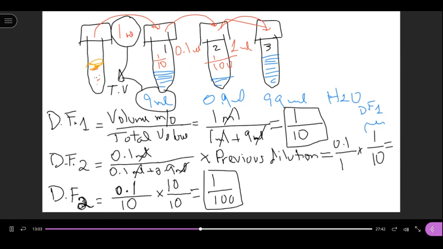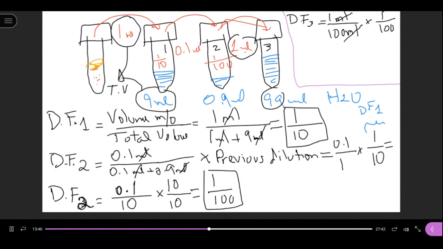For tube 3, we're going to try to fit those calculations in the corner so we don't have to erase everything and start over again. For the dilution factor for tube 3, the volume of the sample is 1 mil. The total volume is 99 mils plus 1 mil, which gives us 100 mils. Remember that the units cancel. But also remember, we have to multiply by the previous dilution, which is the dilution of tube 2, 1 to 100.